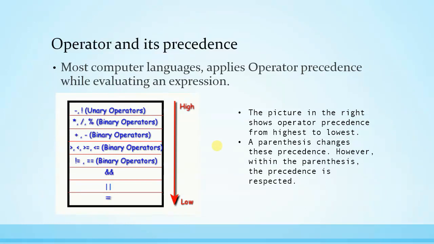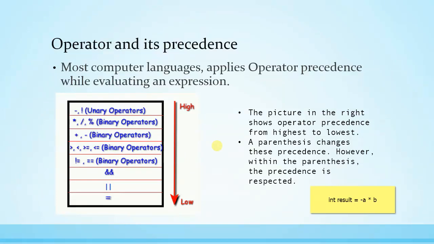So when we look at the expression, we can understand the role of minus, whether it is a unary operator or a binary operator. Let us say we are writing an expression like this: int result equal to minus a into b. Here minus is the unary operator, so whatever the value in a will be negated.